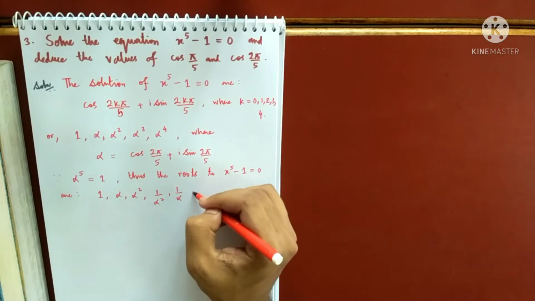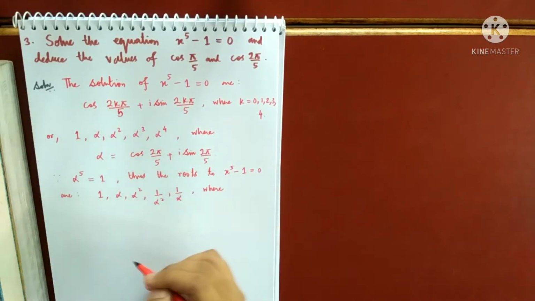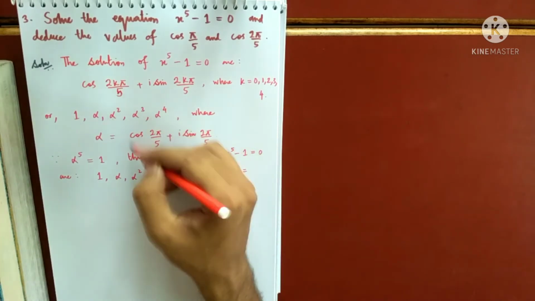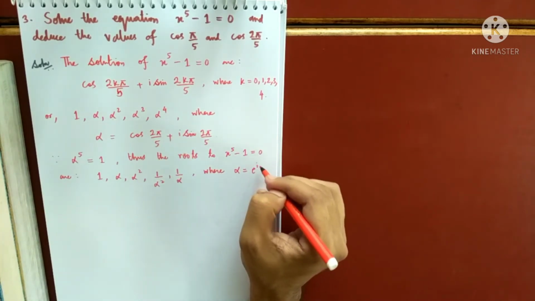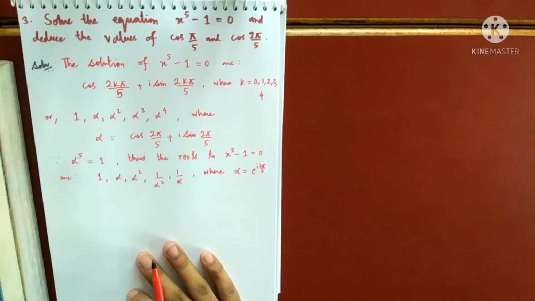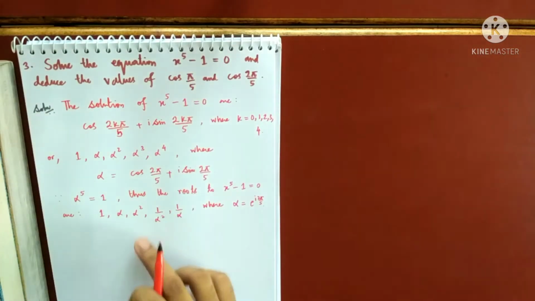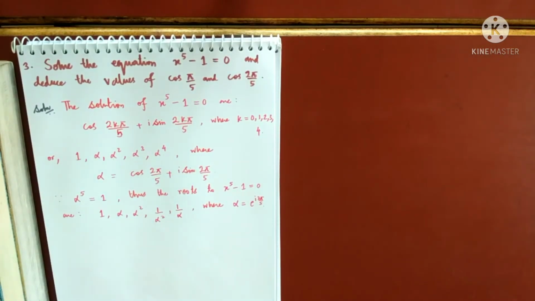So these are the complete roots of your given equation, where alpha is e to the power i 2 pi by 5. I hope it is clear up to here how to solve a binomial equation.